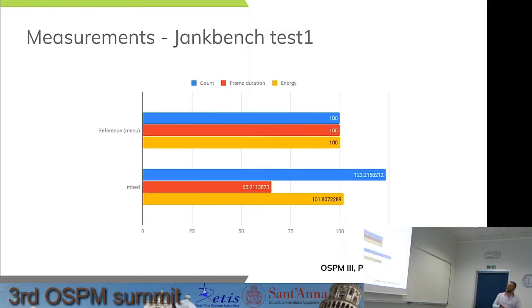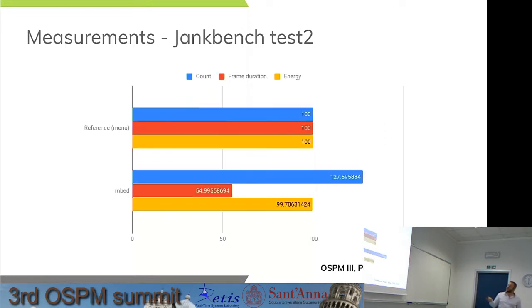So these are the results for the test. I compare that with the menu governor again, and for this test we have more or less 23% more performance in terms of count, and the duration of the frame is reduced by 35%, for just almost 1.8% more energy.